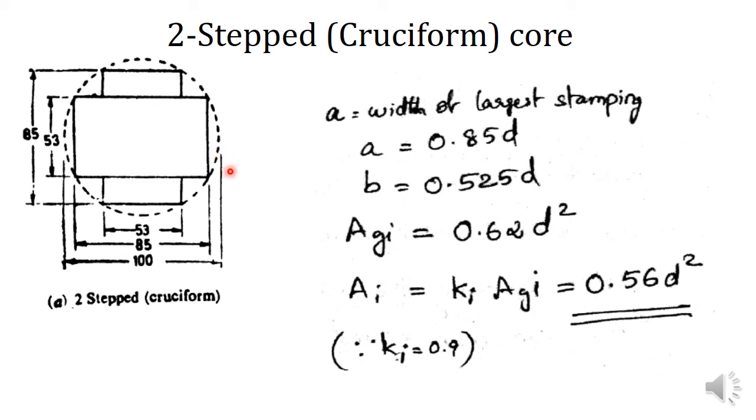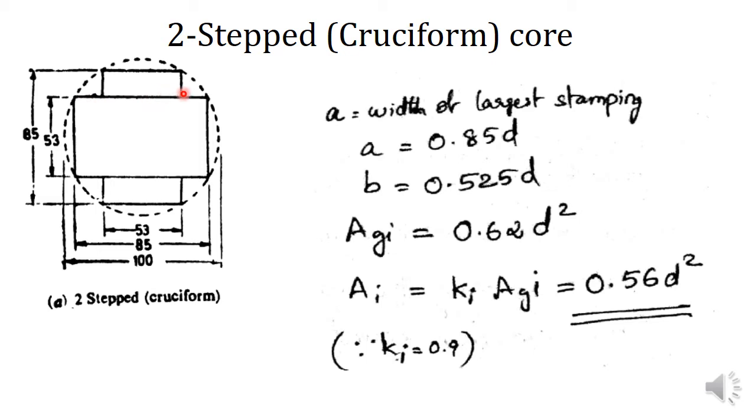Next is two-stepped or cruciform core. In the case of two-stepped core, we can see that there are two types of laminations. One is having a length that is equal to small letter a. This length is represented by small letter a. That is the width of largest stamping. And there is another stamping which is having a lesser width as compared to small letter a.